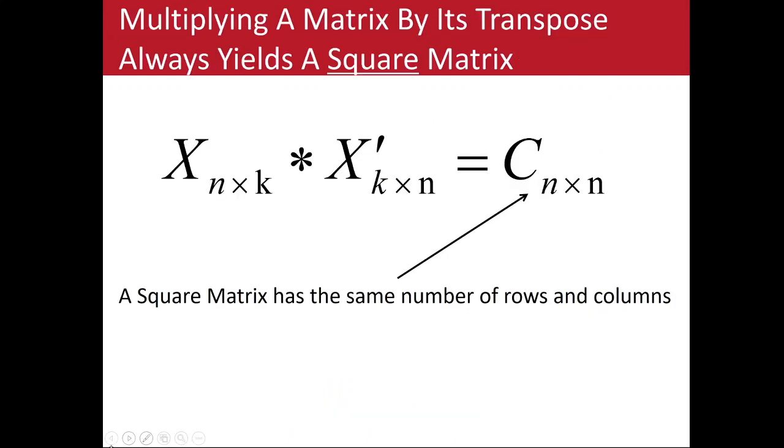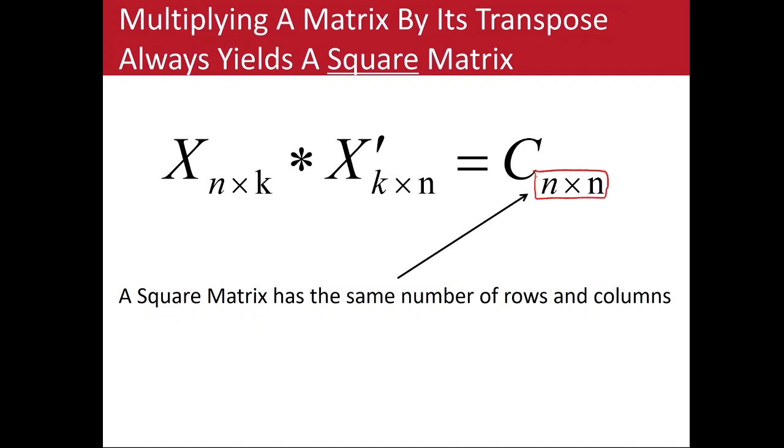Right? So an important concept that we will see often is that a matrix X, whatever its dimension, it doesn't matter what it is, when multiplied times its transpose, it's always going to be conformable. And another important concept is that it will always be what we call a square matrix.